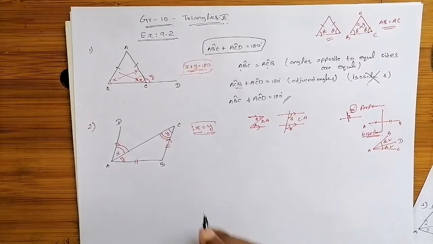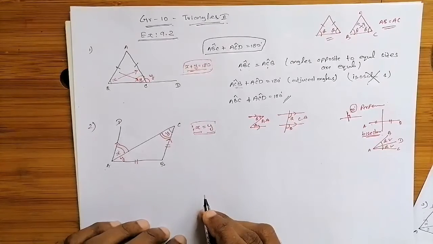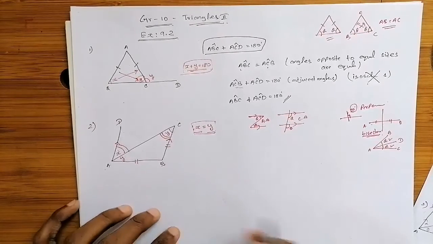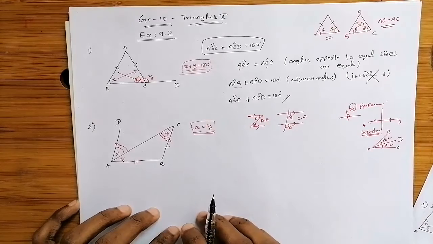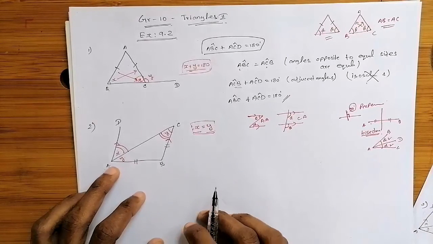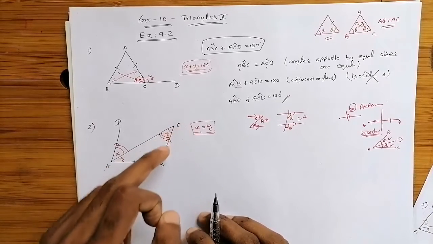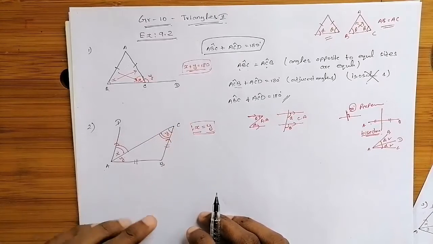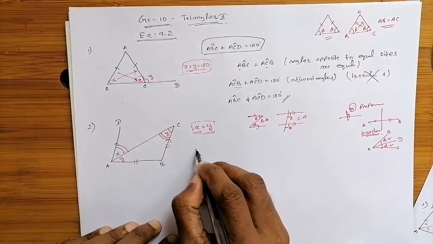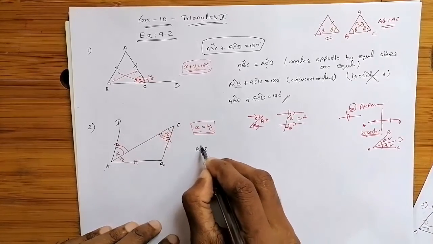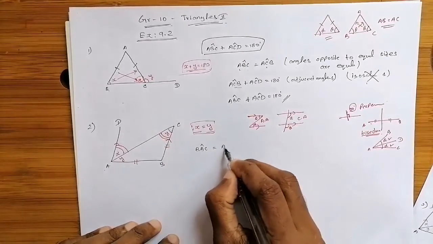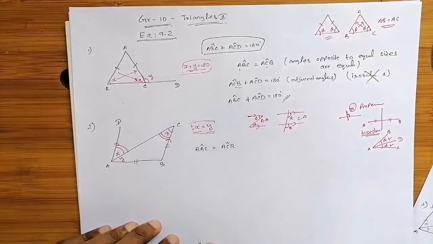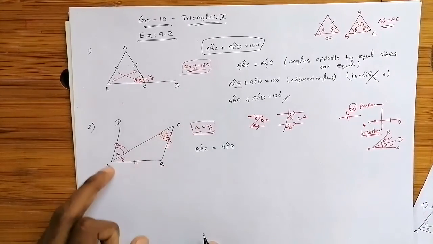So first we take BAC and ACB are equal. BAC equals ACB.